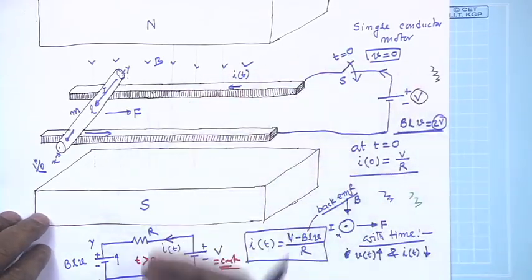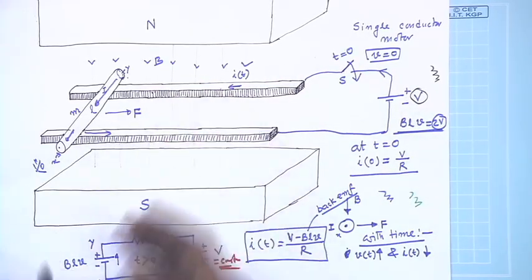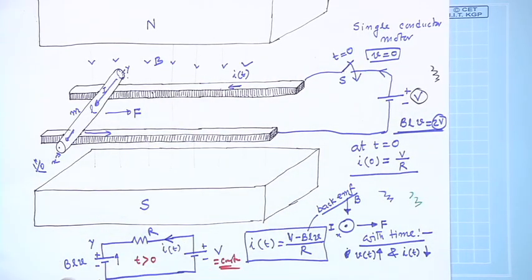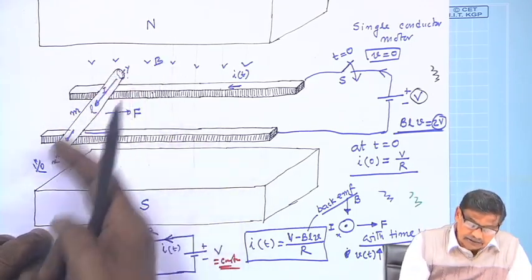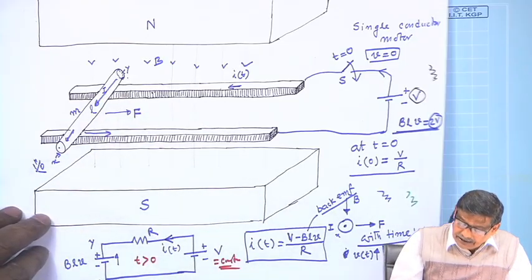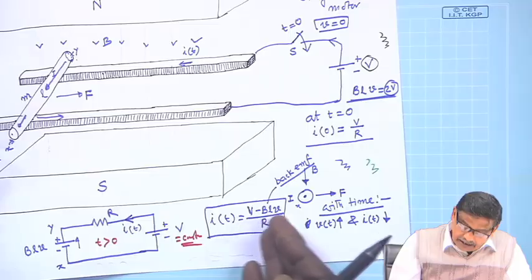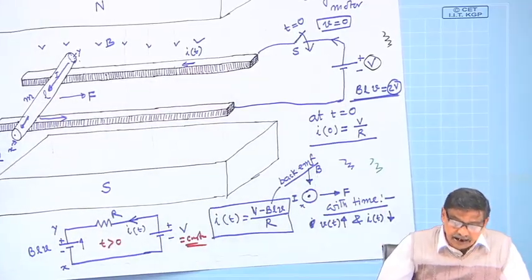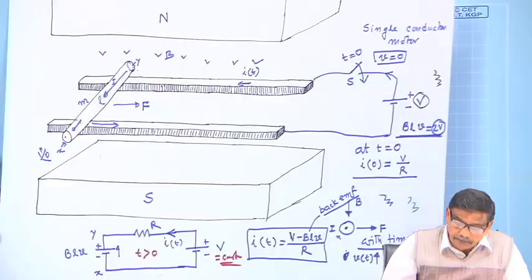Of course, your battery supplied some energy to the system, which will ultimately be stored as kinetic energy in this conducting length. We found out how current and velocity vary with time and finally attain a steady state value.